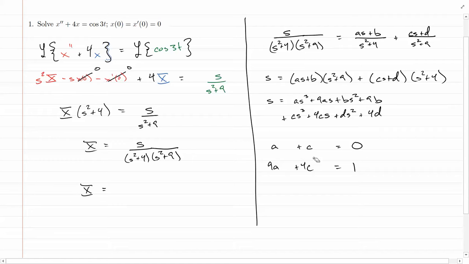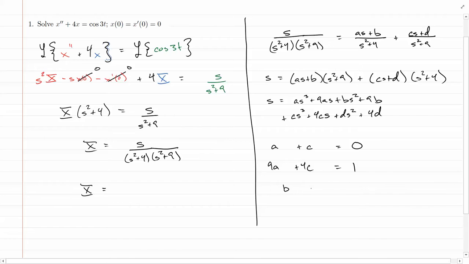Normally this is a 4x4 system of equations, and I'll just write it as a 4x4. So bs squared plus ds squared has got to be 0 because there's no s squared term over here.